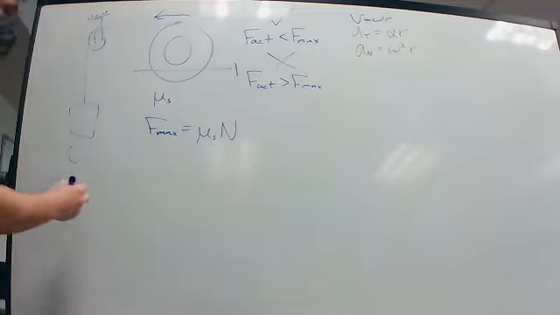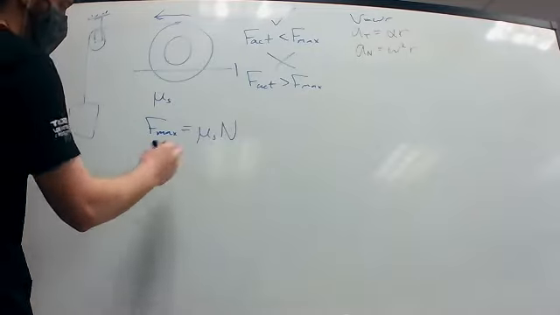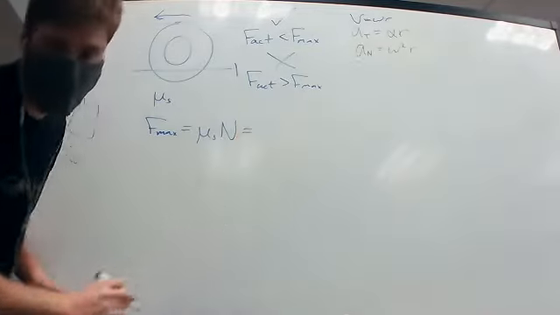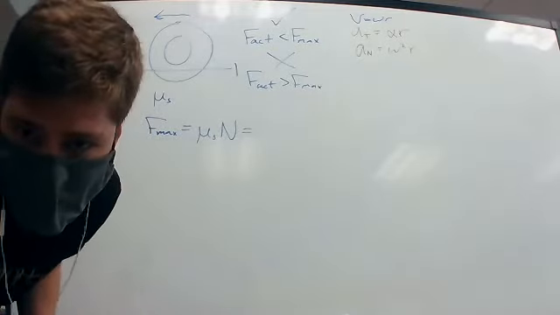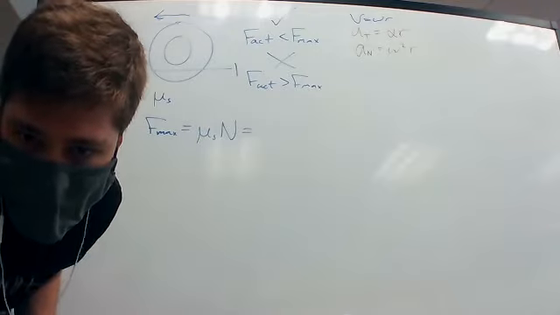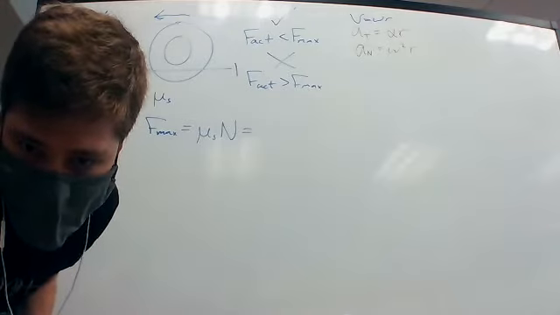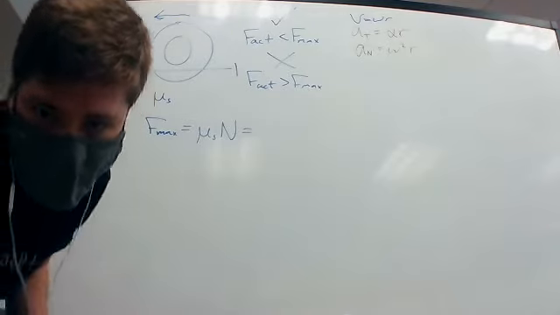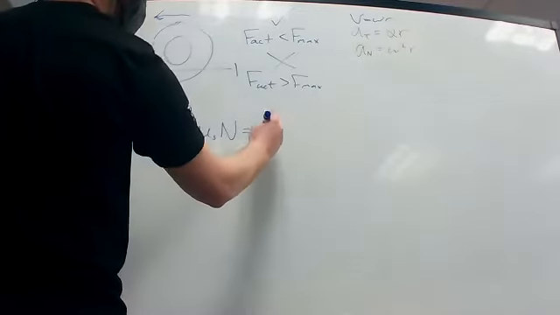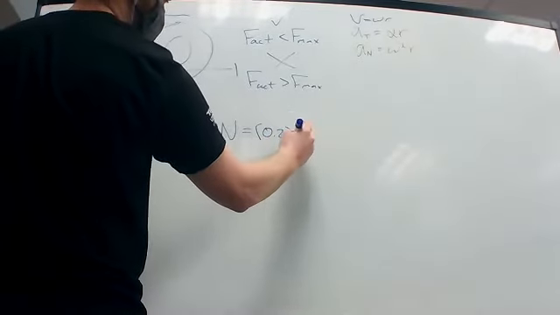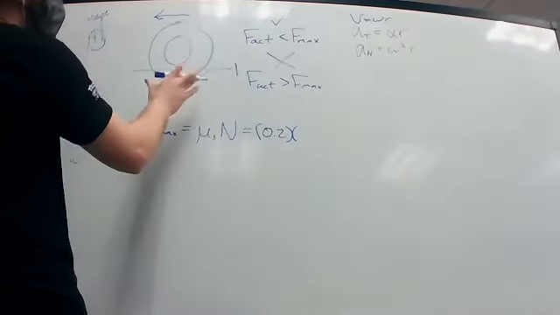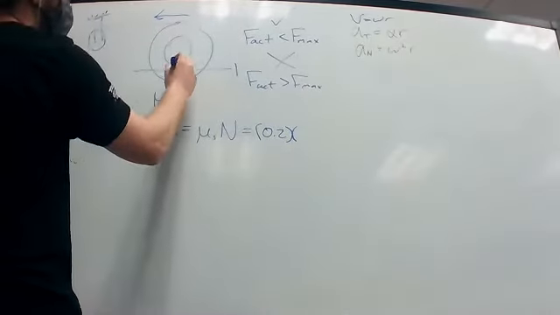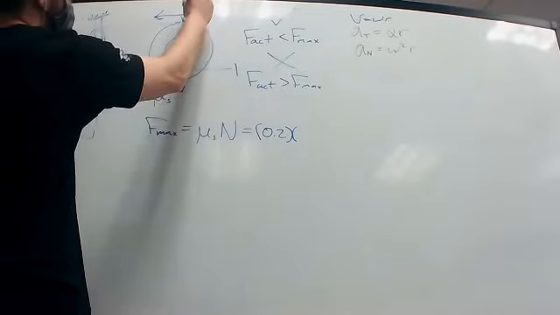So F max is going to be equal to the mu sub s value that was given to us as 0.2. It was found that the weight of the wheel is 30 pounds and there were no other vertical forces, so normal force has to be equal to the weight.